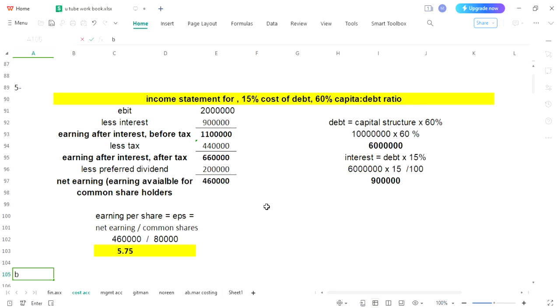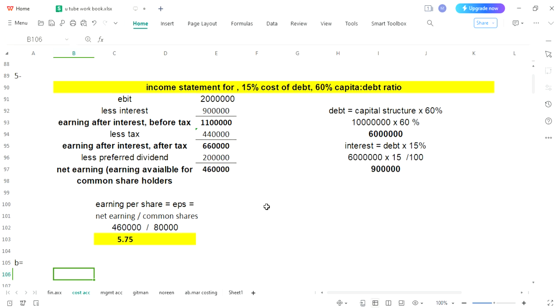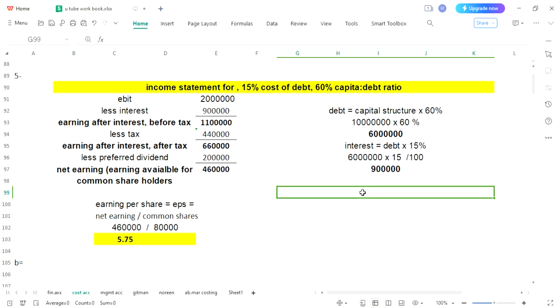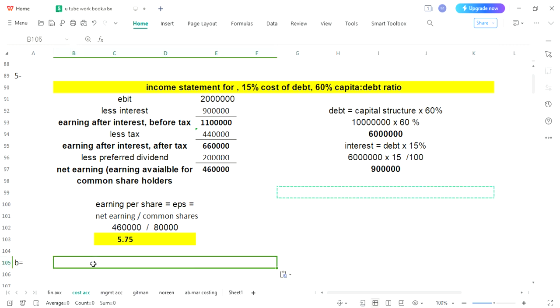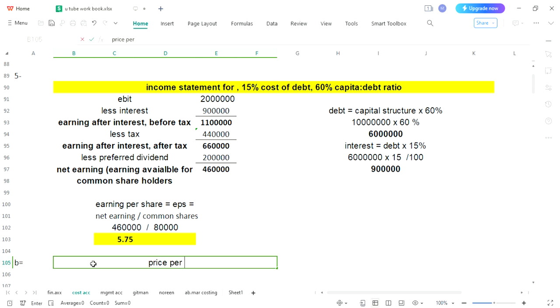Here we are starting our B part, for which we need a little space. Let's put it over here. Price per share is needed to be calculated, for which you will use EPS and divide it with required rate of return.